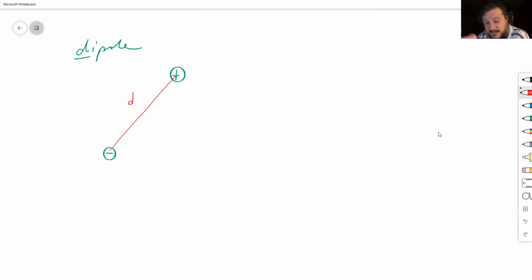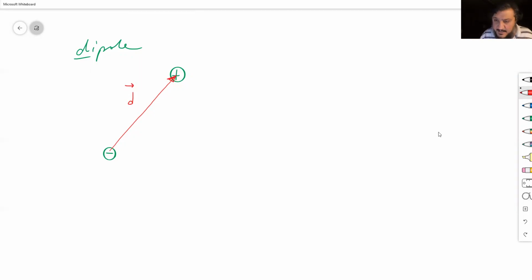Now, how can you make it? You can take a toothpick. A toothpick is not a conductor. Put a charge on one end, another charge on the other end. You have a dipole, all right? That red line is actually a vector, D vector, that goes from the negative to positive.